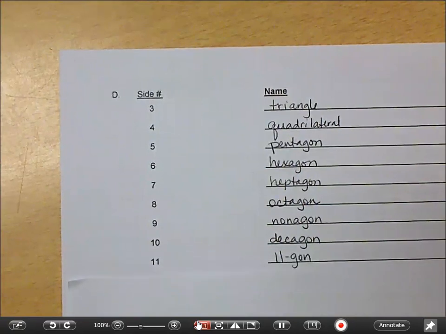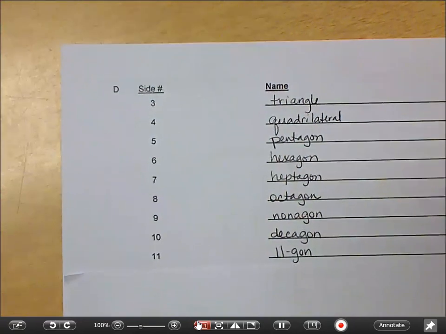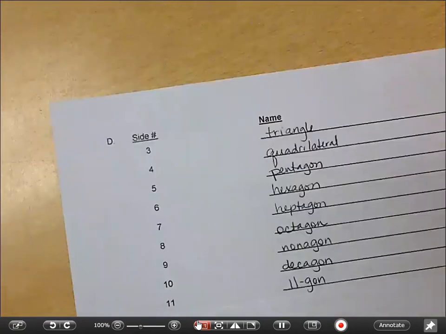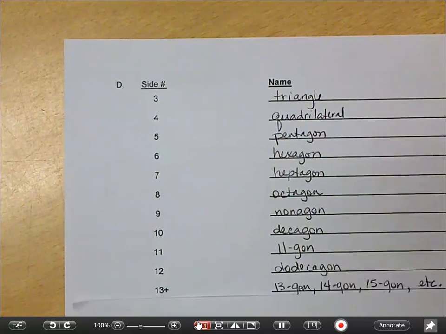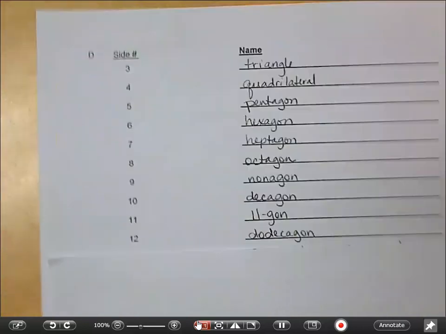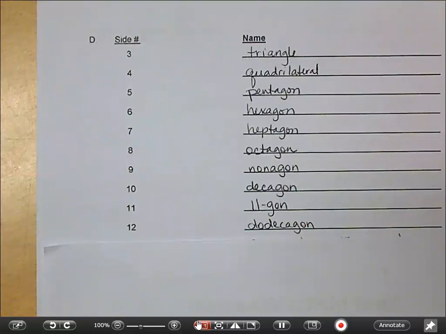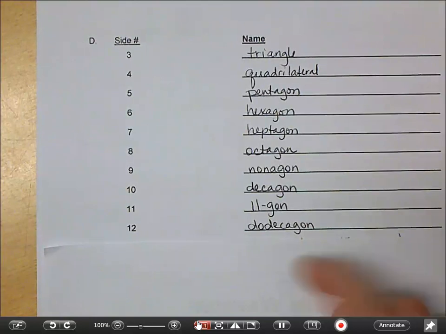But then what tends to happen is you'll notice we don't necessarily have a fancy name for an 11-sided polygon. There's probably a fancy name for it somewhere, but I forget off the top of my head. The last one that you might actually see a name for is a 12-sided figure. I don't really have a cool way to help you remember this, but maybe think of it this way.